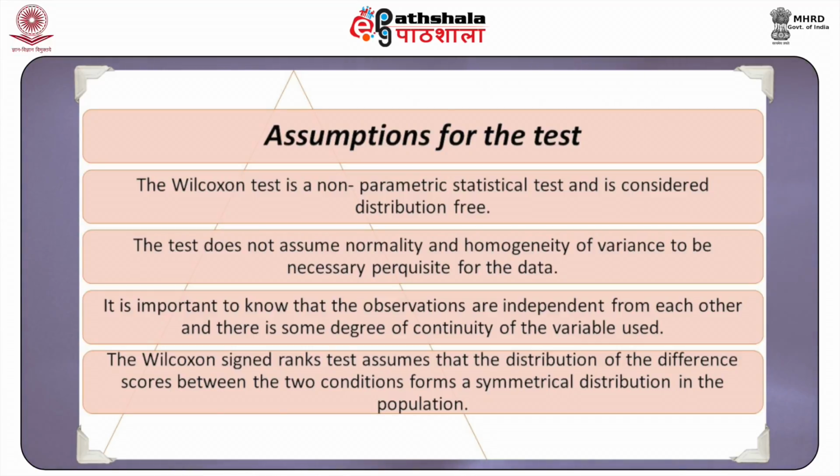It is important to know that the observations are independent from each other and there is some degree of continuity of the variable used. The Wilcoxon sign ranks test assumes that the distribution of the difference scores between the two conditions forms a symmetrical distribution in the population.